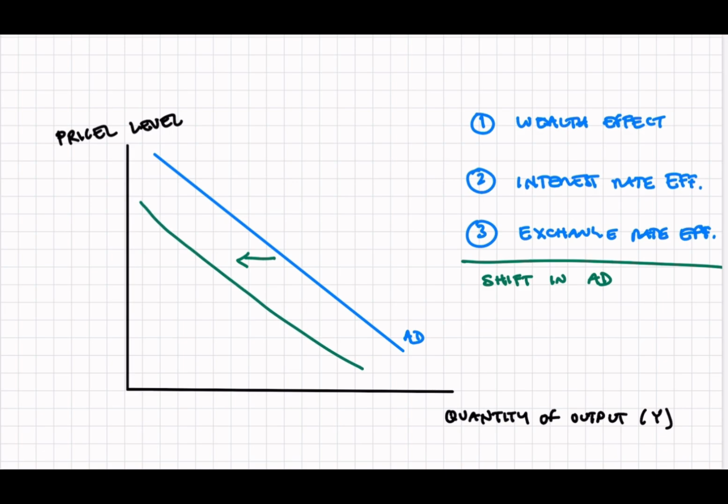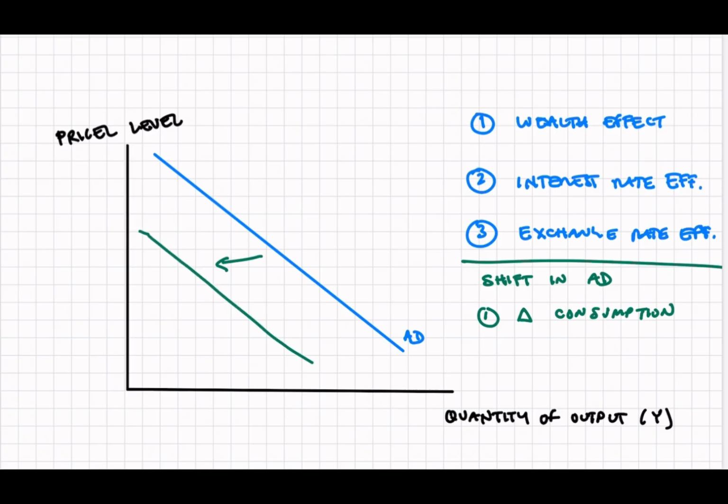So what might cause the aggregate demand curve to shift? Well, we might have changes in consumption. Well, you might think, well, if consumption changes and individuals then might be more willing to save money, then wouldn't that lower interest rates? And as a result, with lower interest rates, firms might invest more, and therefore the investment would take us right back to where we were before?